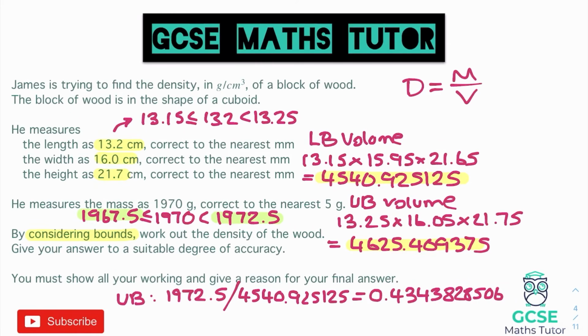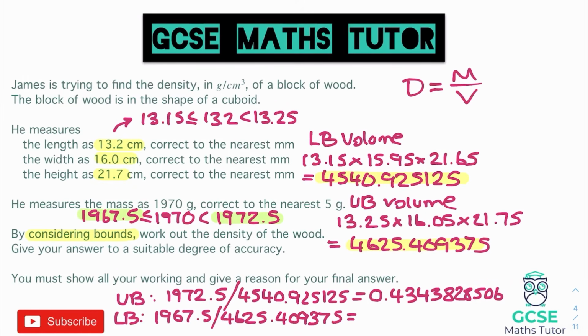Right, so let's work out our lower bound. For the lower bound, we're going to want the smallest possible mass, so 1967.5, and we're going to divide that by the biggest possible volume, and that upper volume there is 4,625.409375. There we go, and let's type that in.